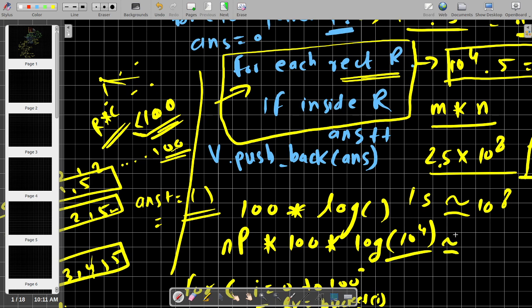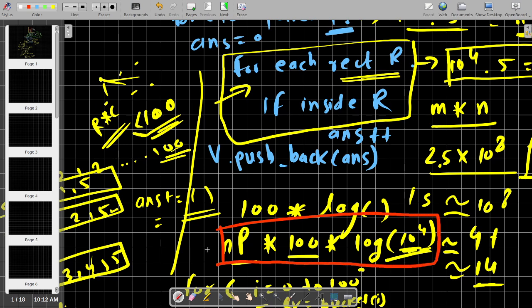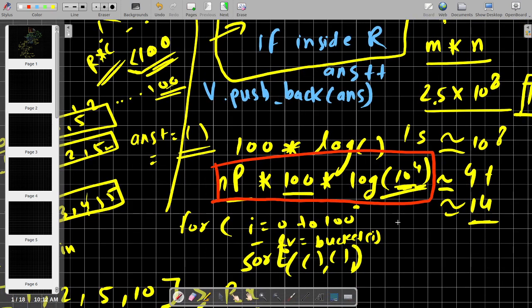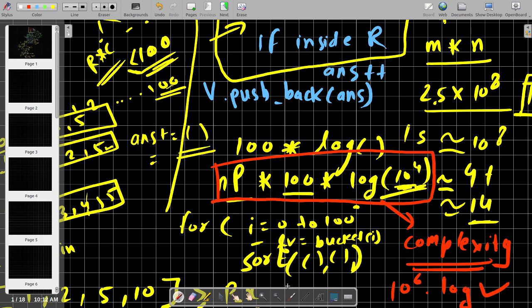So the total complexity comes around 10 to 6 into log, which is feasible, hence go with it.